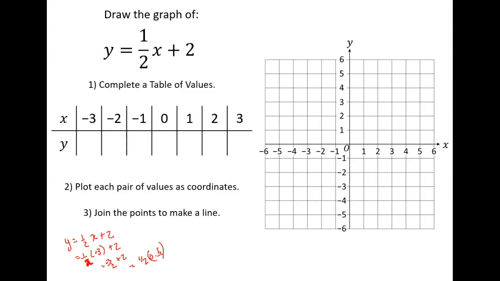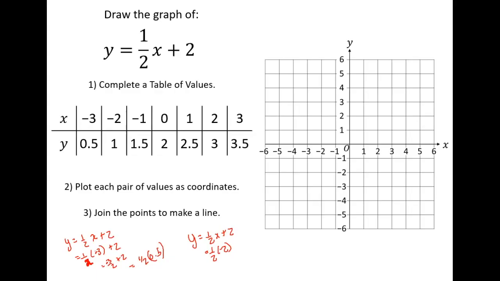It could also be written as, I like decimals better because sometimes you won't get these really nice even numbers, and that's okay, but 0.5 I know how to graph easier than something else, right? So I have them all calculated here, but let's try another one. We have 1/2 x plus 2. So now we're going to put in a -2.